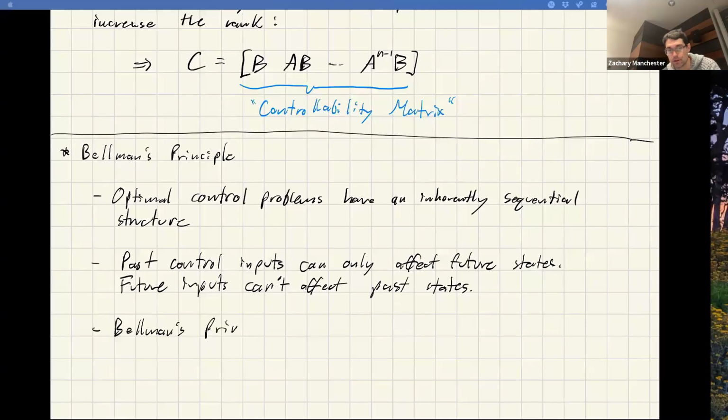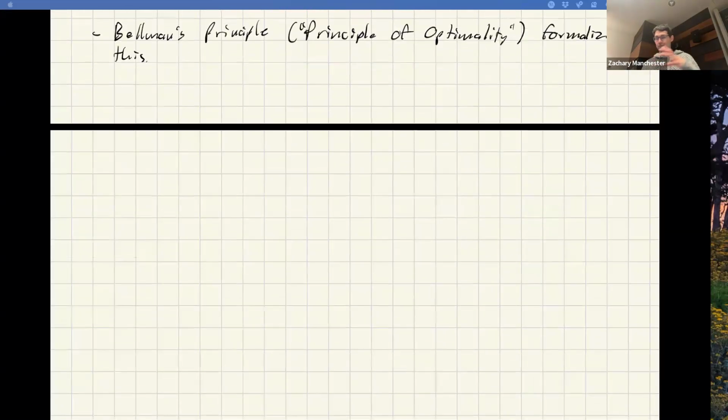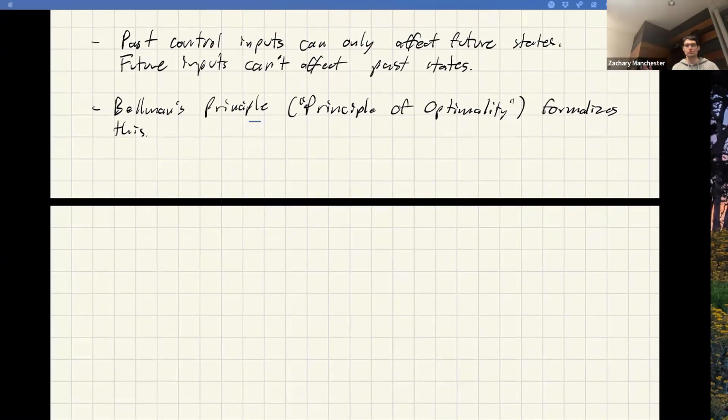So Bellman's principle, also known as the principle of optimality, formalizes this, and says what this means for optimal trajectories of a control problem.